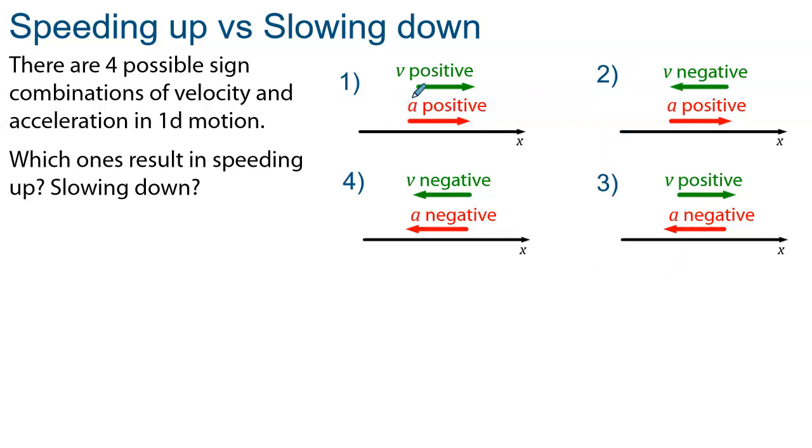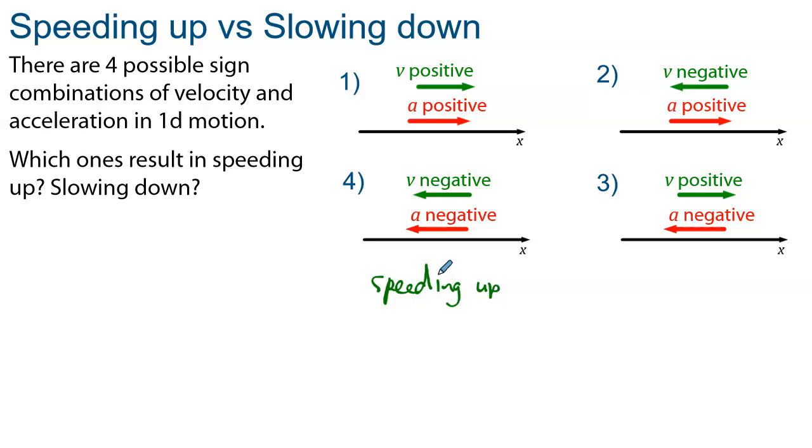We know that the acceleration is related to the change in velocity. So if the acceleration points to the right, this means that the change in velocity will also be pointing to the right. And since the velocity is already pointing in this direction, this means that it will be increasing. So case 1 and 4 correspond to speeding up.